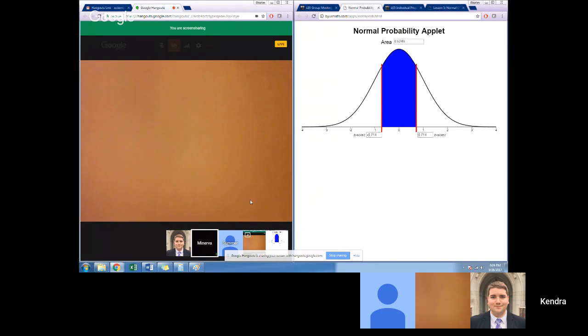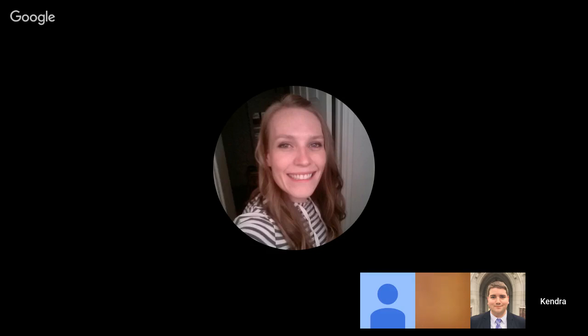Yeah, they were. Remember to find the area between two values, shade to the left of each z-score you calculate, and then subtract the smaller area from the larger area. Does that just mean we're left with the middle area?